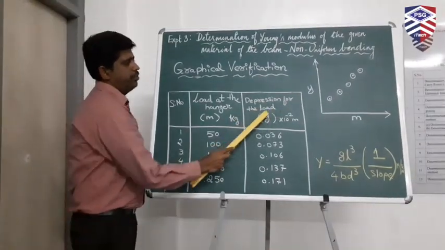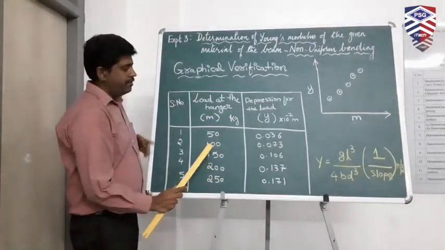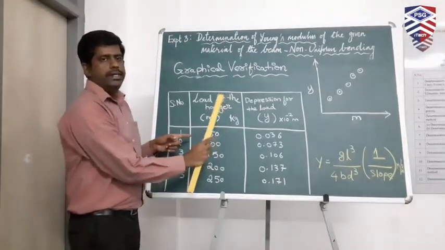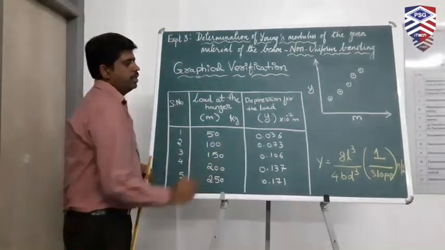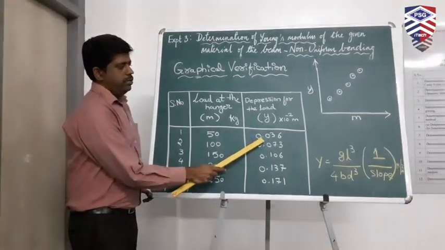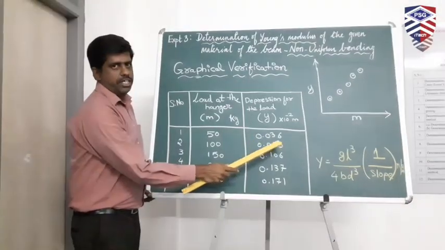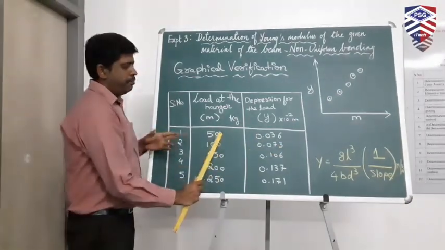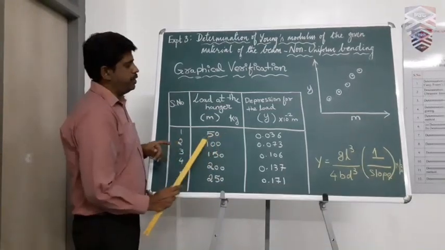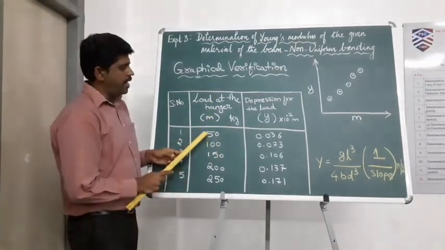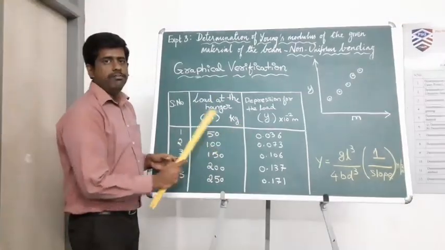The depression for the load is being calculated with respect to the dead weight W. The value of 0.036 has been obtained by taking the difference between the mean value at W and at W plus 50.